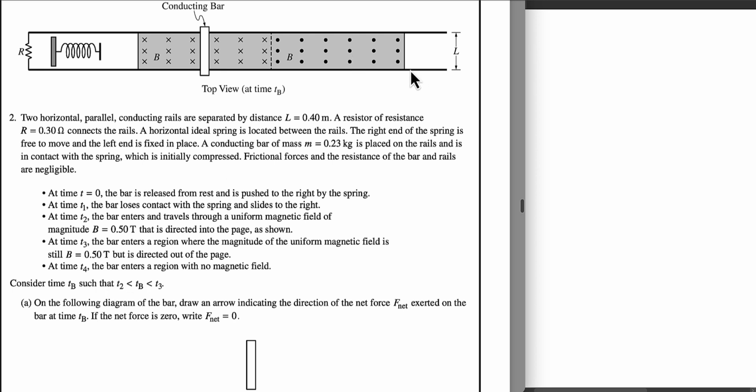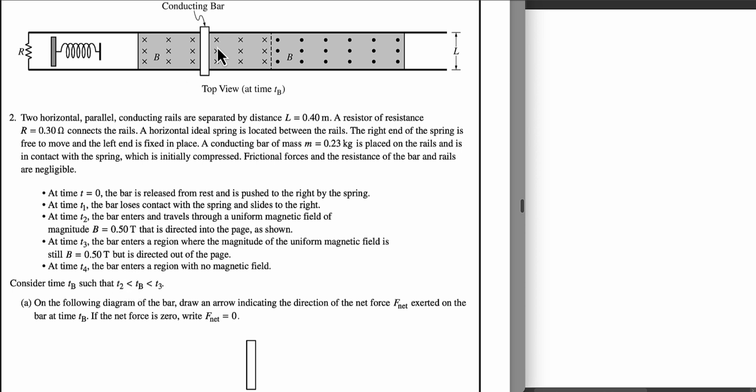Now at time t4, at this instant, this position here, the metal bar enters the region where there's no magnetic field. Now we'll consider a time instant TB in between T2 and T3.